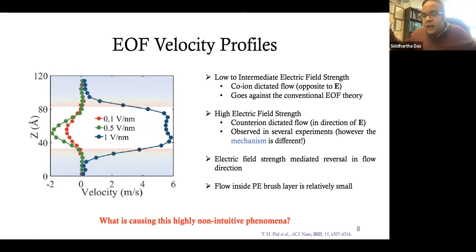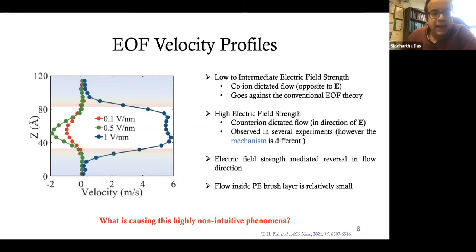This is a most outstanding and significant finding. So far, people have typically thought that, except for cases with some kind of multivalent-driven overscreening, electroosmotic flow would be a counter-ion dominated event.